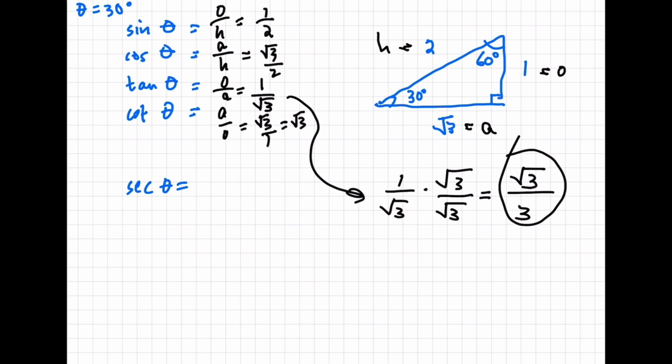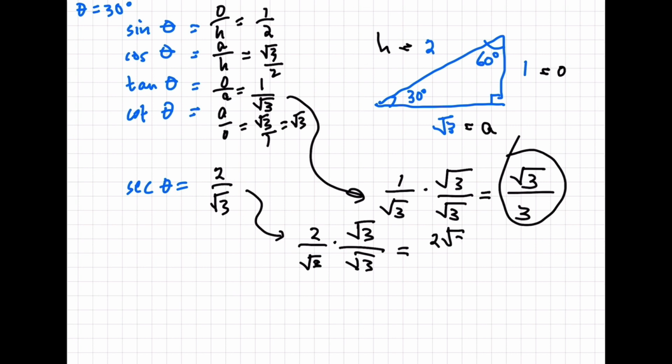So cosine is square root of 3 over 2. That's going to be 2 over square root of 3. And again, you have to derive this so that the radical will be removed from the denominator. This is going to be 2 over square root of 3 times square root of 3 over square root of 3, or 2 square root of 3 over 3.